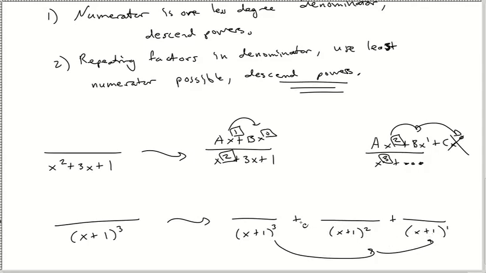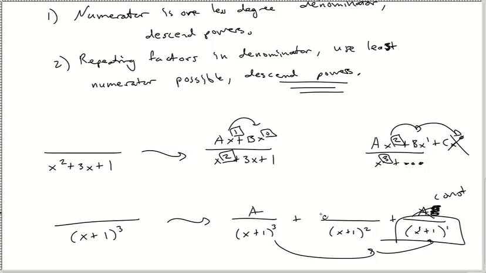But it says use the least complicated numerator possible. So what would this factor have? Notice it's just x to the 1, so we have a 1 power here. Therefore, you're going to have an x to the 0. Again, one less, but anything to the 0 power you don't really need to write. That's just a 1. So I'm going to erase that essentially and just have A. You don't want to put A way over here, but I'm saying we're going to have a constant, just a constant value.